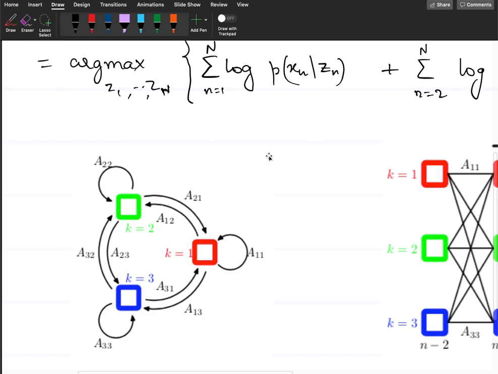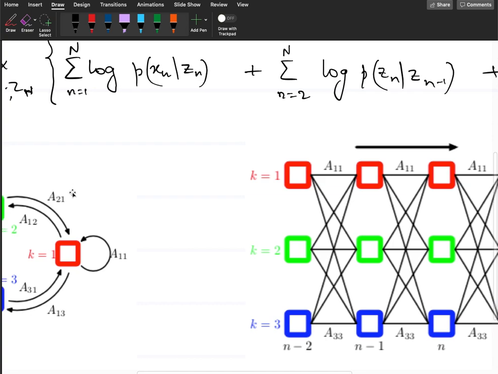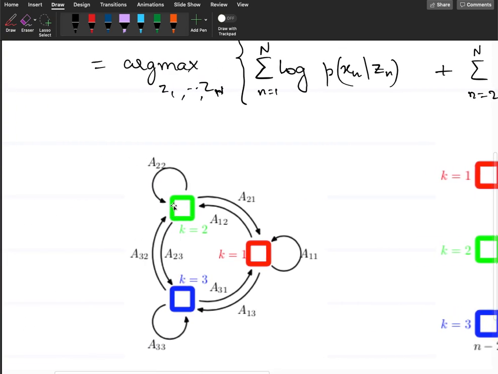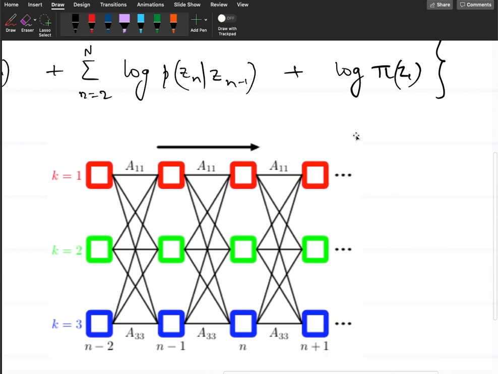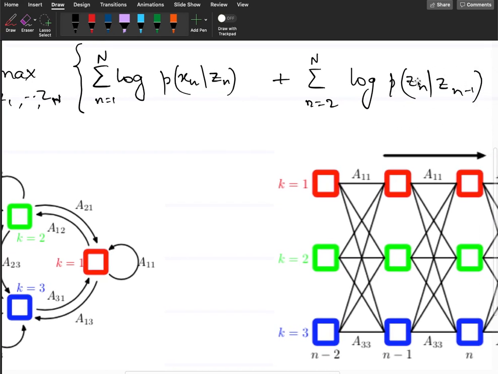That part is the transition probability, P of Zn given Zn minus 1. When you go to the next state you emit something there as well, P of Xn given Zn. Then again you make a transition, this term, and then you again emit something.